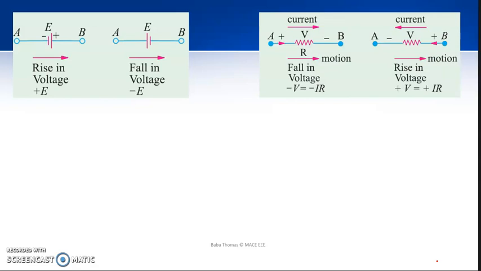The same thing we can also see over here, a rise in voltage and a fall in voltage, plus and minus, and similarly the current. This we'll again see in the next lecture also.